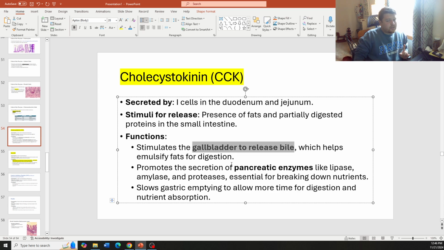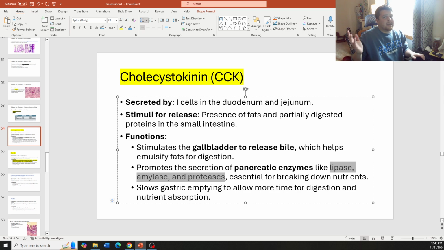It doesn't digest fats, it emulsifies them, which means it mixes with the fats and kind of pulls the fatty acids away from each other so that they can be digested easier, because fat kind of likes to cling and stick together. We also get secretion of the pancreatic enzymes, the lipase, the amylase, the proteases, all of those guys that are going to break down the stuff that is in our food.